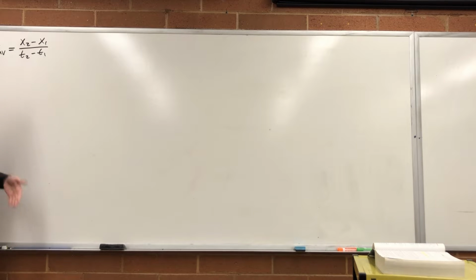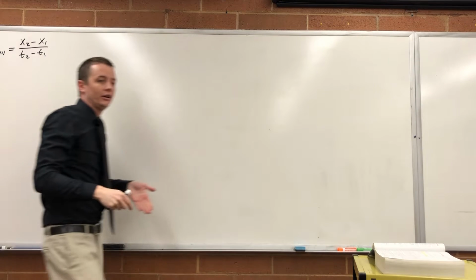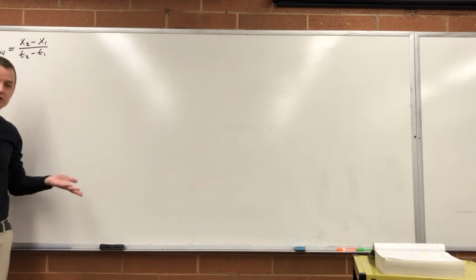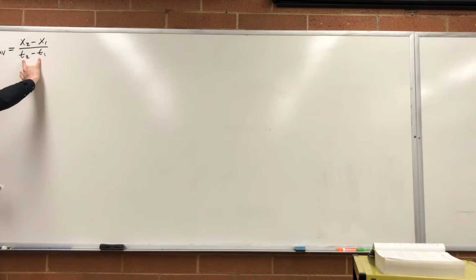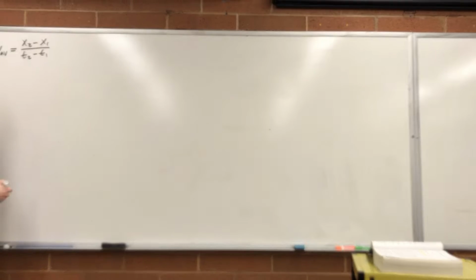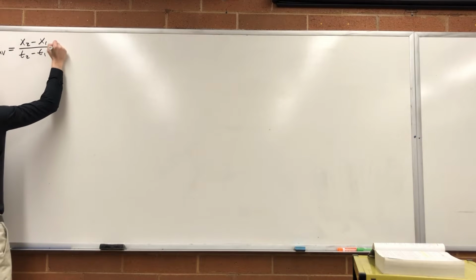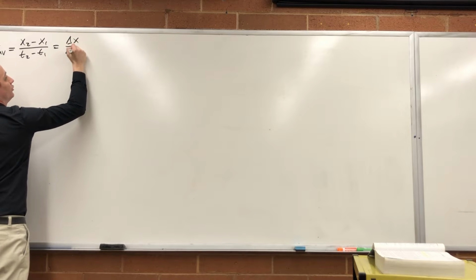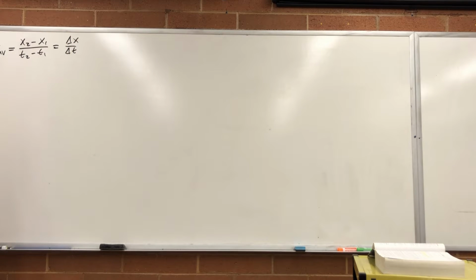If I was here at exactly 3 o'clock, here at 3 o'clock in 1 second, here at 3 o'clock in 2 seconds, that difference would be 2 seconds. Make sense? And then some notation you're already familiar with. This is the same thing as delta x over delta t. Our change in x over our change in time.